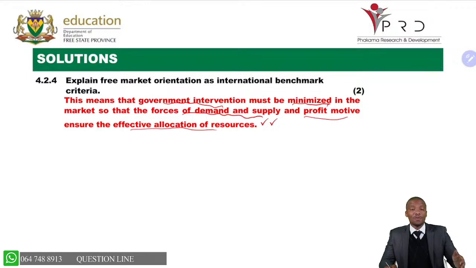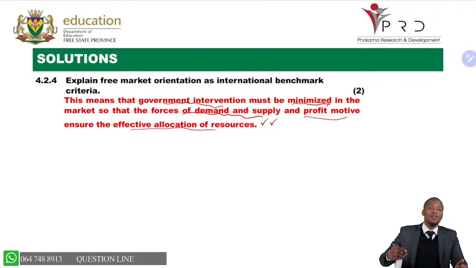But even if you said, because it's a 2-mark question, that government intervention should be minimized so that the market forces can function effectively, that's your 2 marks already. We're not saying that you put it exactly as it appears in the marking guideline. We'll accept any other correct relevant answer as long as the issue of government intervention is mentioned and the word minimal is also mentioned there. You'll get your 2 marks.